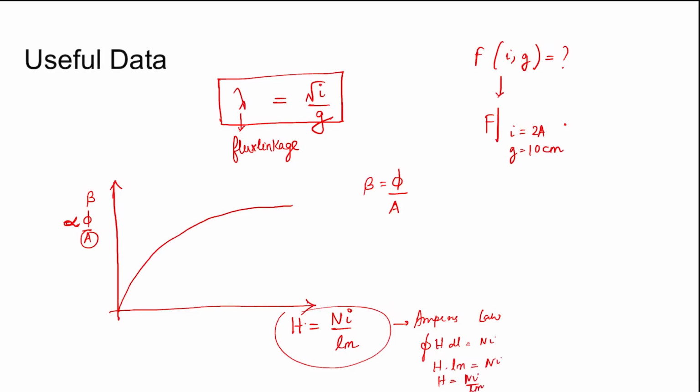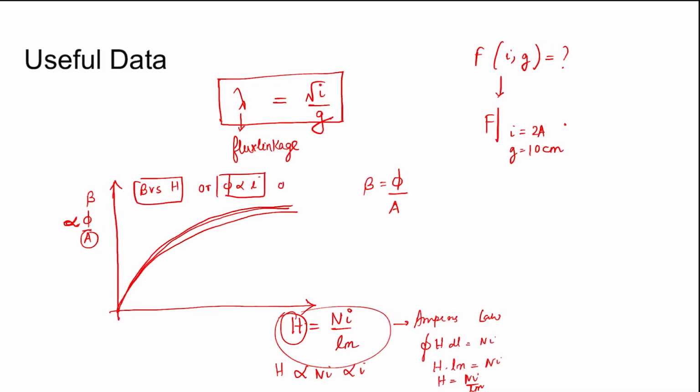And you can assume the BH curve, right? So H is proportional to Ni, which is the MMF, also proportional to I if design constraints are constant. So the characteristics of this is B versus H, or phi versus I, or you can also write N phi equal to Li.